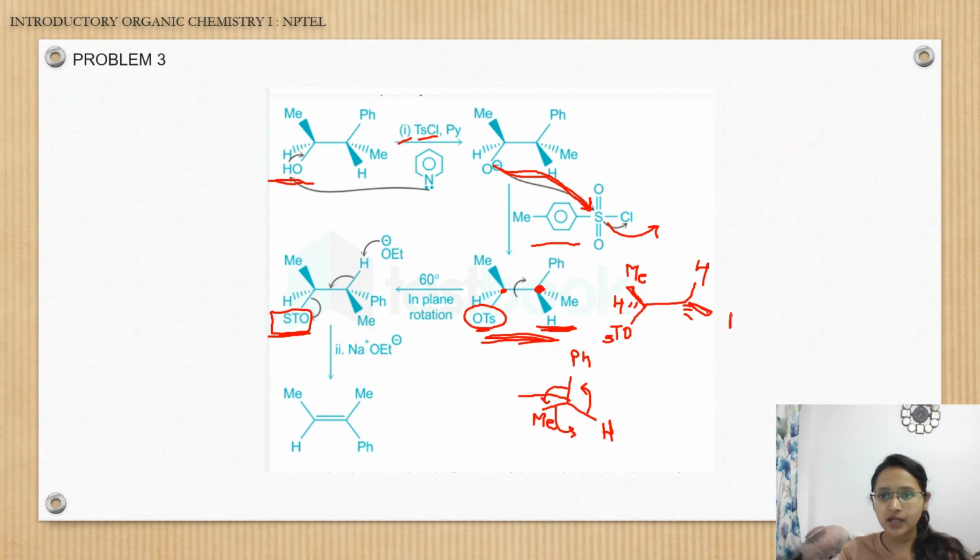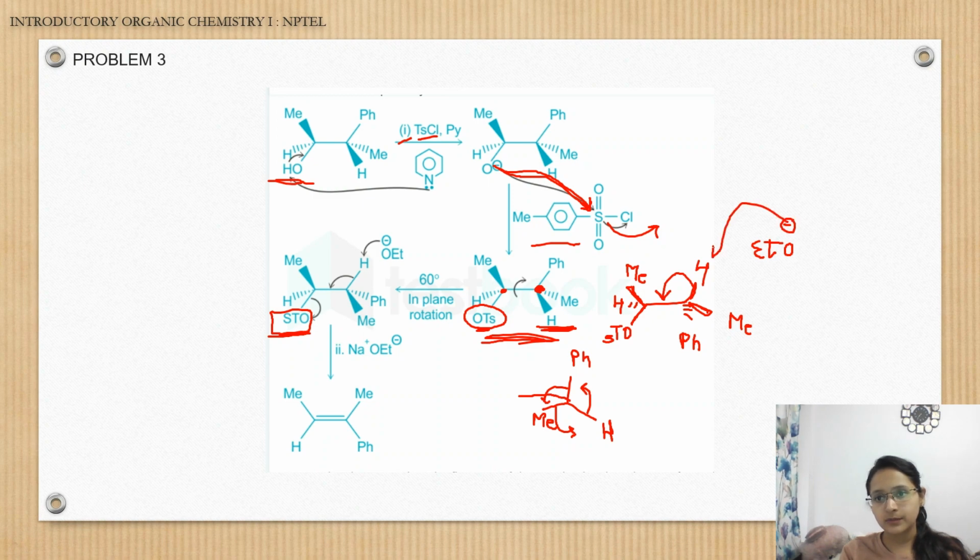Then Me becomes above the plane and phenyl becomes below the plane, right? So this kind of system will arise. Now you can see this hydrogen and this leaving group are anti-periplanar to each other. So now they can leave. This hydrogen ion is taken up by the ethoxide, the base in the system.